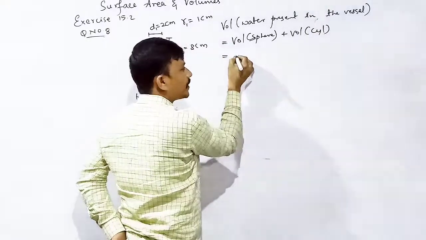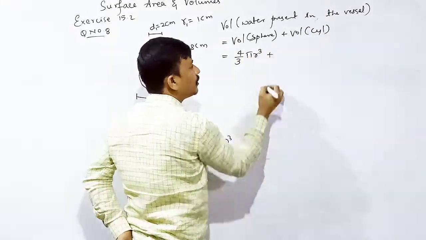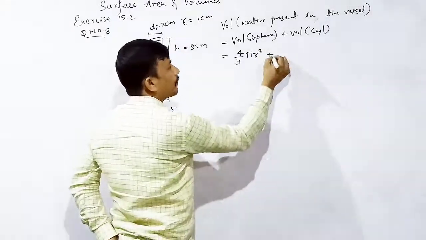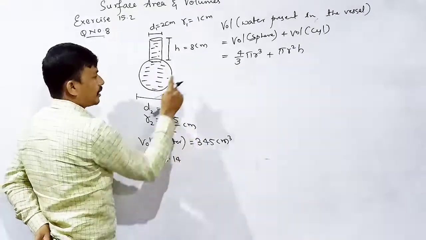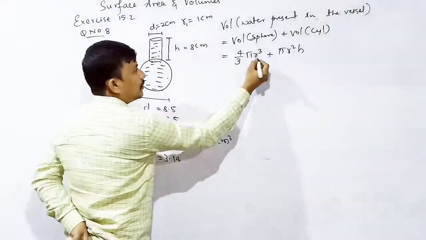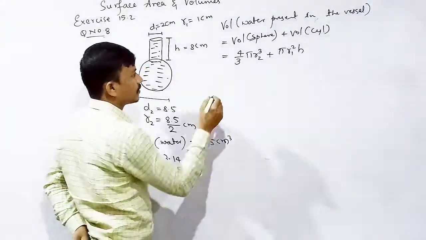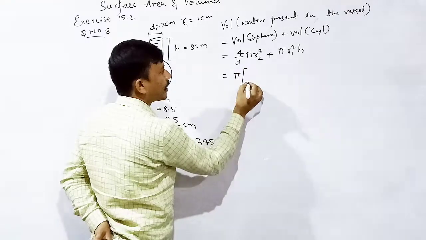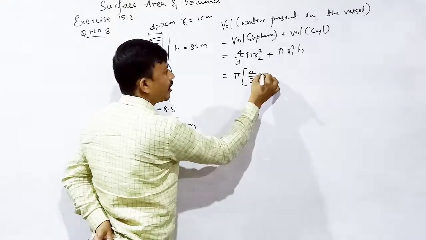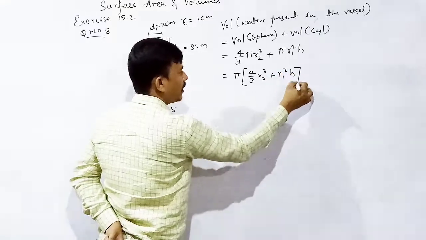What is the formula for sphere? 4 by 3 pi r cube, plus volume of cylinder pi r square h. Sphere has the R2 value, cylinder has the R1 value, height H only. What is the common here? Pi in bracket 4 by 3 R2 cube plus R1 square H.